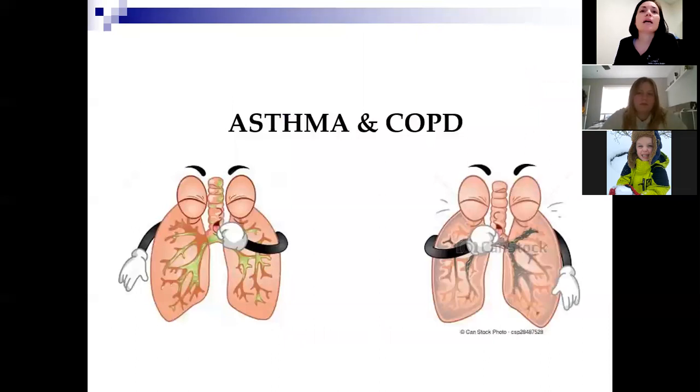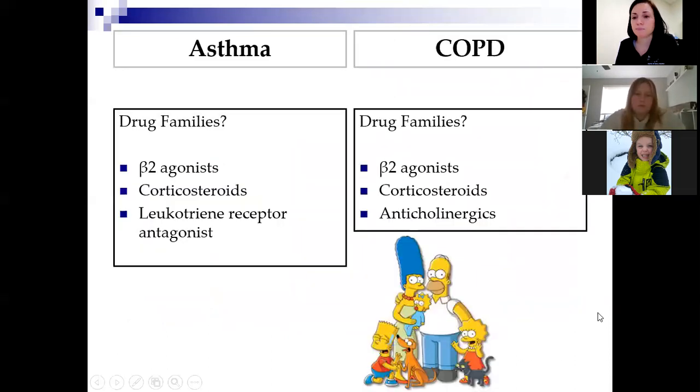Okay, so asthma, and so now we'll talk about the medication or the drug therapies for both. So for both conditions we see beta 2 agonists, and the corticosteroids being used for asthma.